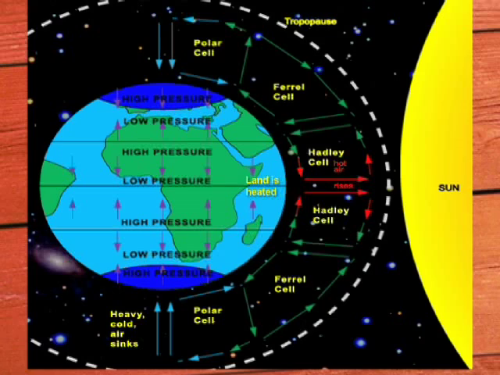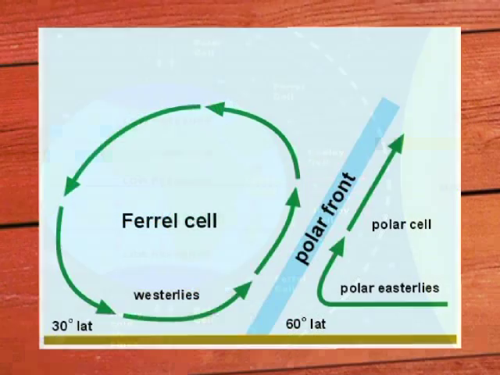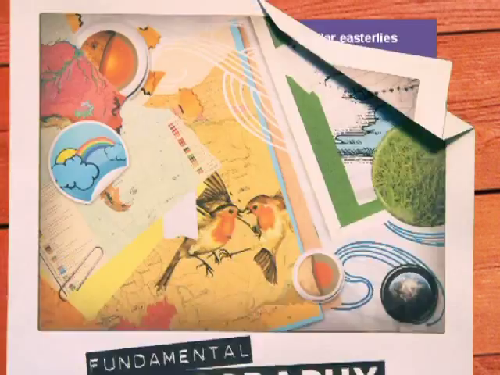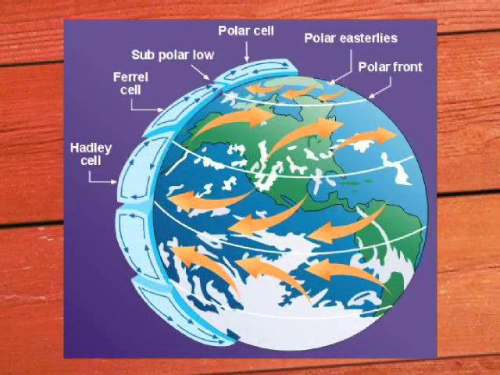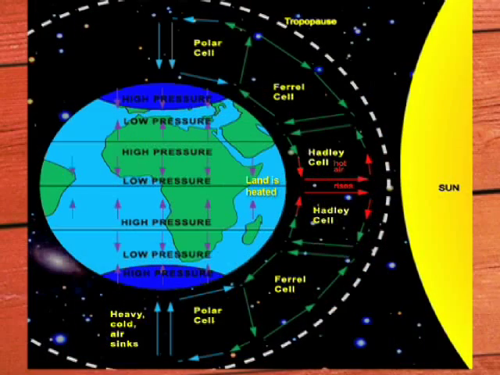Because the air is rising, this is a region of low pressure. As the air reaches the tropopause, some of that cool air moves back towards the tropics, completing the Ferrel cell. Please note, on a non-rotating Earth, air would now move from the high pressure belt directly to the low pressure belt at right angles to the pressure cells.